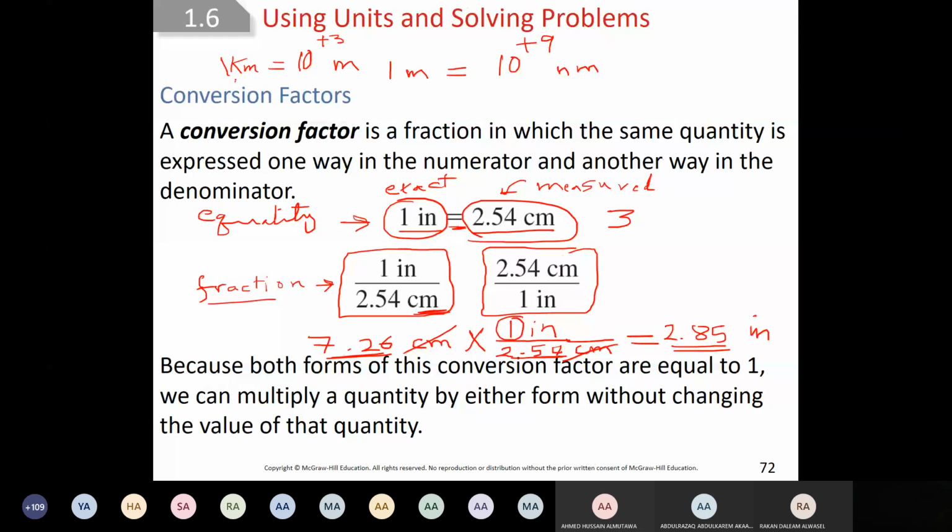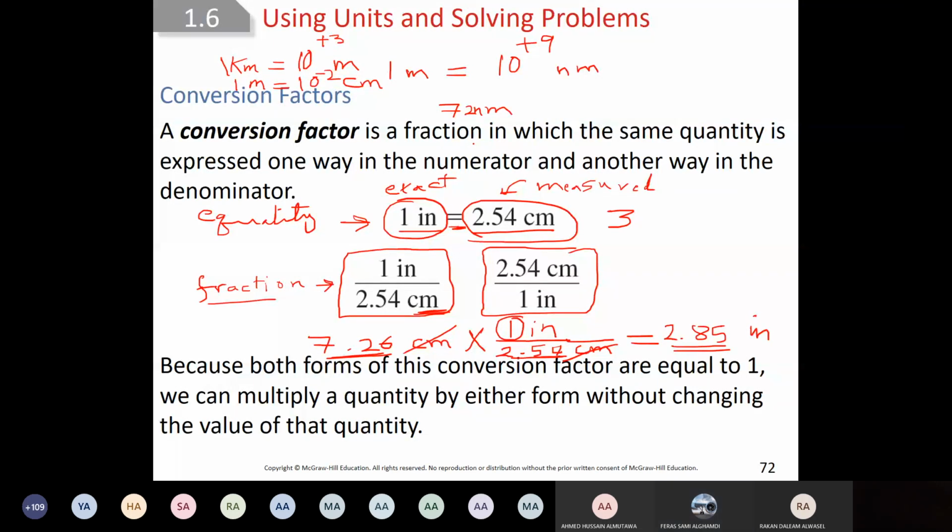How about 1 meter, how many centimeters? 10 to the power plus 2. Now, if I have 72 nanometer, how many meters is this?